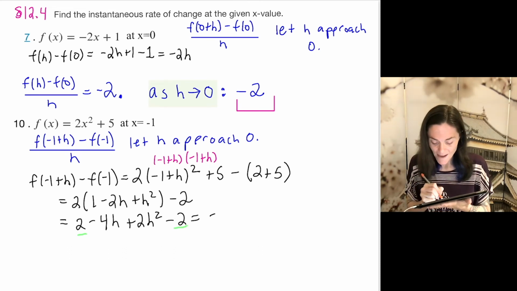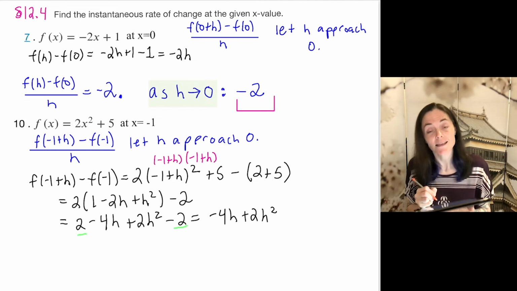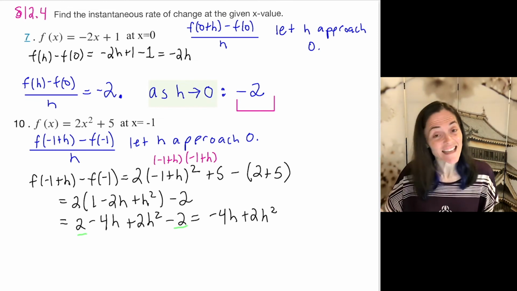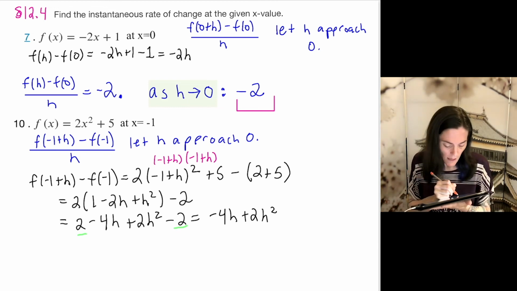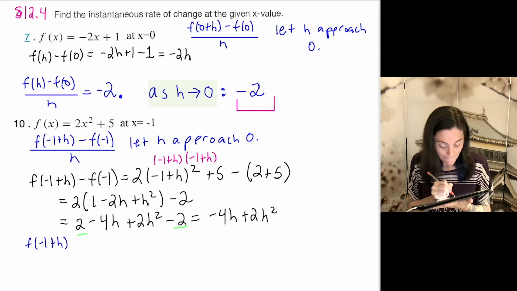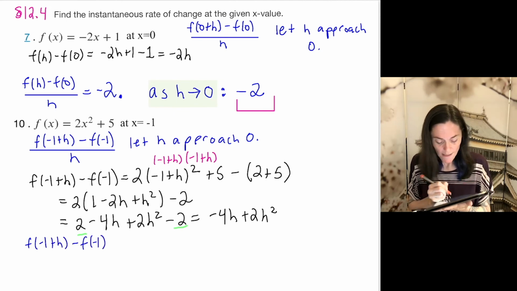Now you see I have minus 4h. I have plus 2h squared. This is h times something. This is fantastic. This is what we want here. So now f of minus 1 plus h minus f of minus 1 divided by h. What is this?